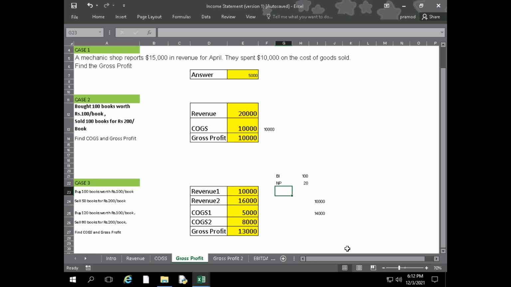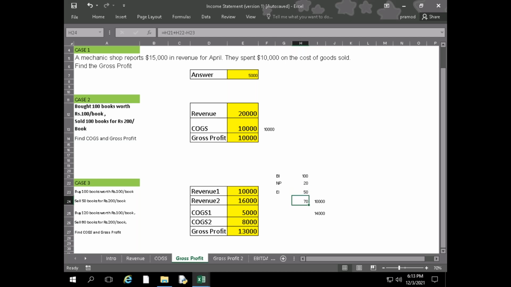Then you should find out the COGS. In the end inventory I have 50. So this plus this minus 50, your 70 is your closing stock now.